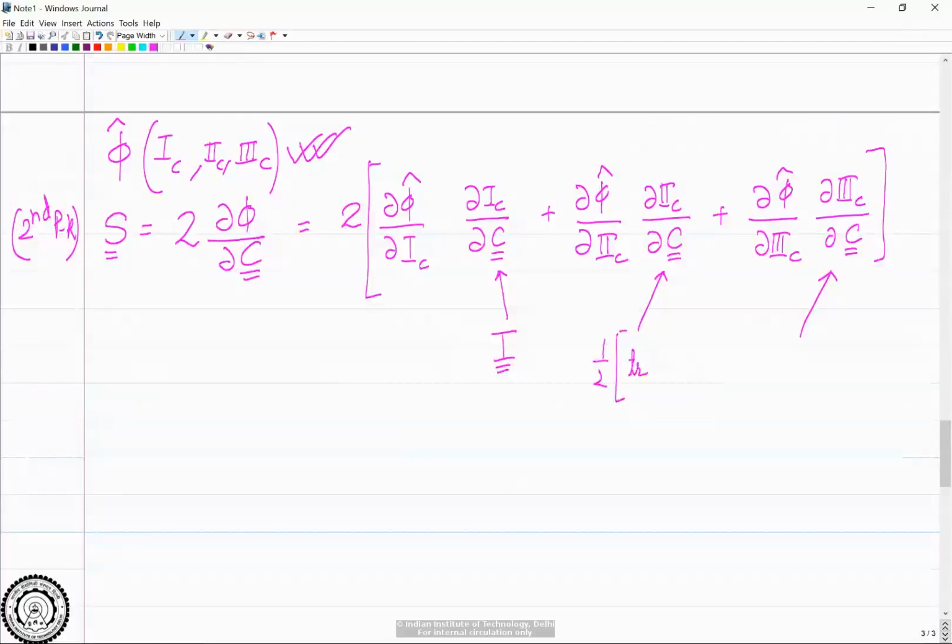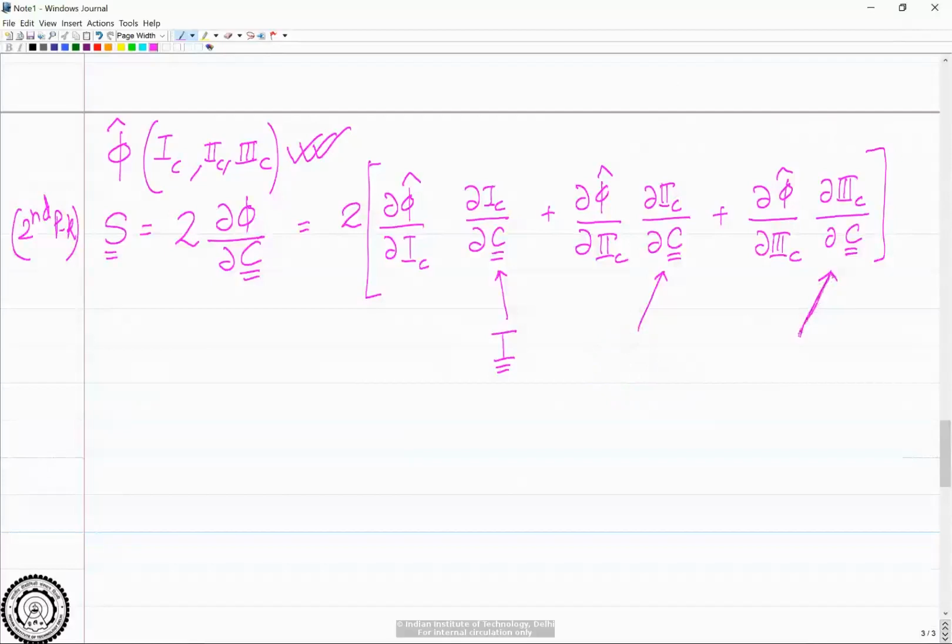No, that is II_C. But what is the derivative of II_C with respect to C? Anybody remembers? Can you please look back at your notes if you have it?